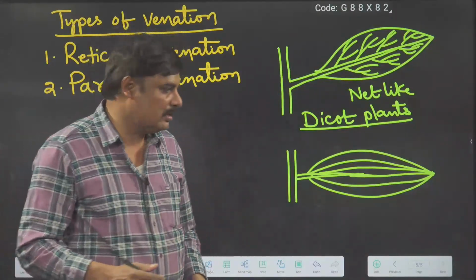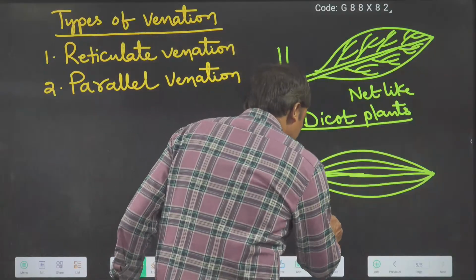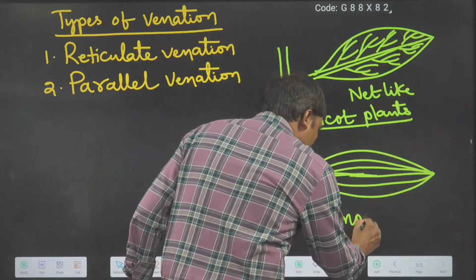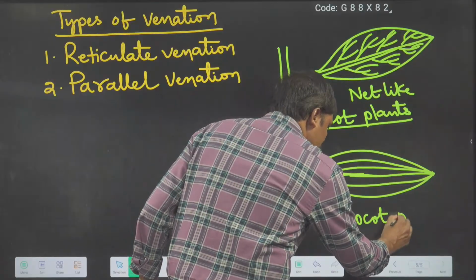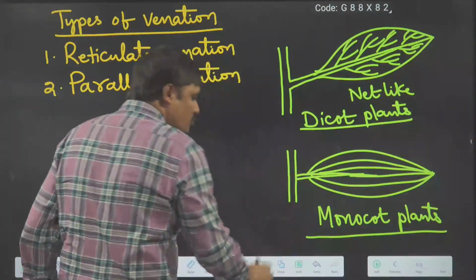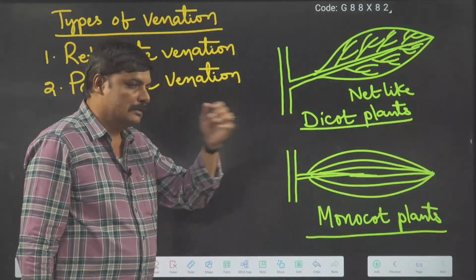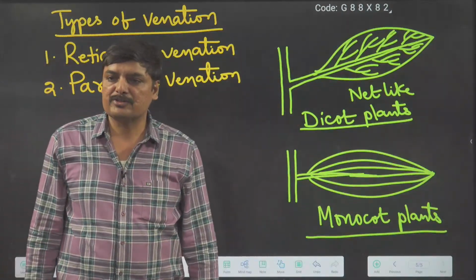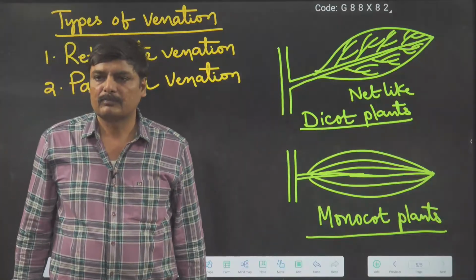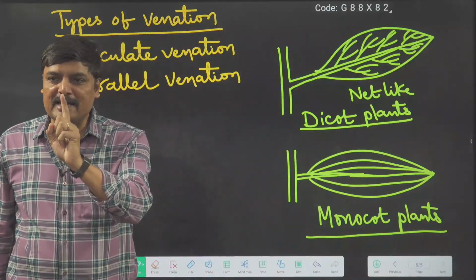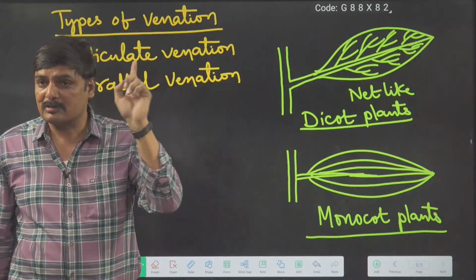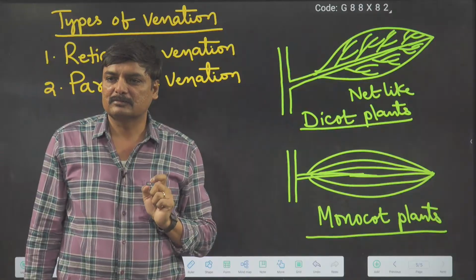Parallel venation is commonly seen in monocot plants. Most monocot plants show parallel venation. Most dicot plants show reticulate venation. For both, there are exceptions. For example, smilax is a monocot plant, but it shows reticulate venation.